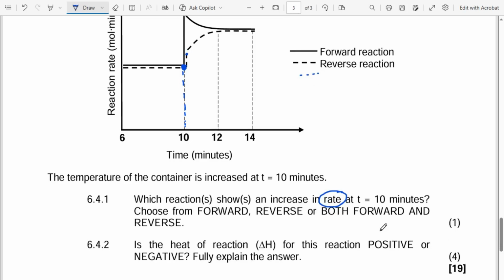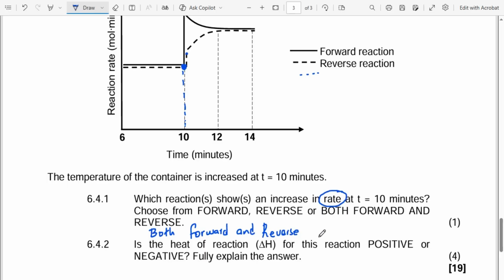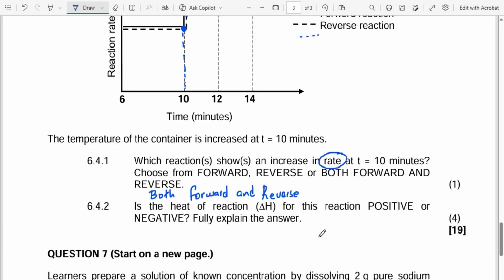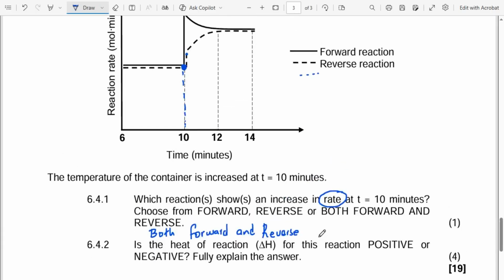So at T10, maybe in an exam, they can also ask you this. We are saying that the answer is both the forward and the reverse.